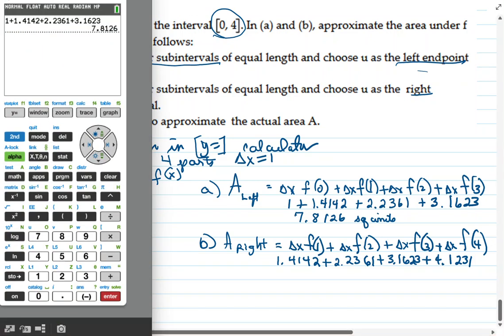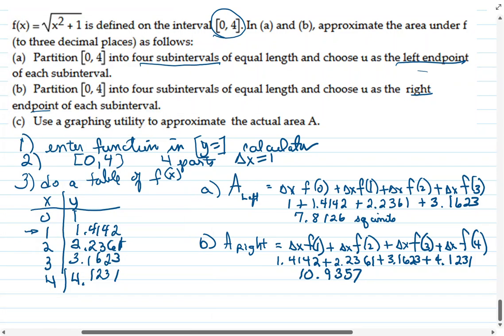Okay. And I get 10. All right, so somewhere in between is the true one.